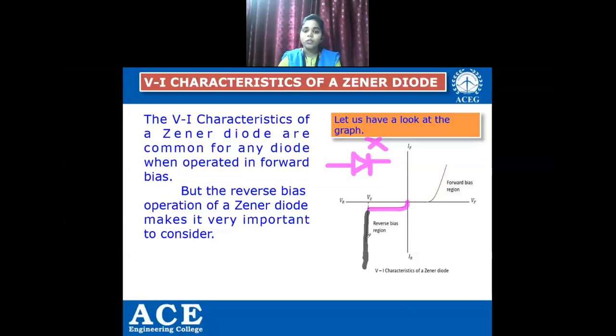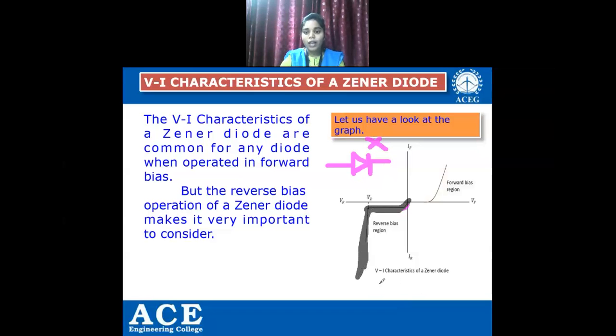In a Zener diode, till this point, from here to here, you can see constant current. But once it crosses its breakdown voltage, once it reaches VZ, here you can see an increase in current. This is what we are talking about.